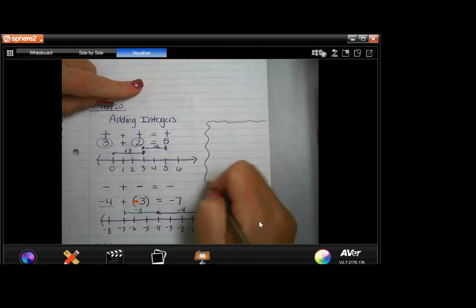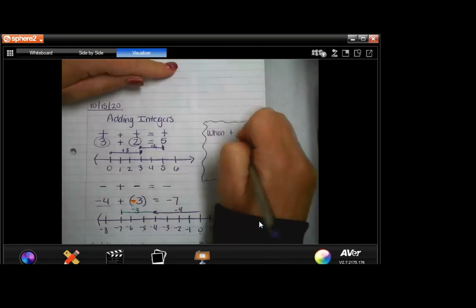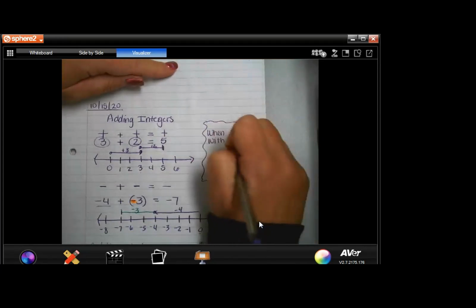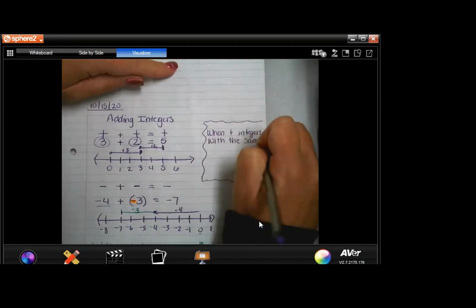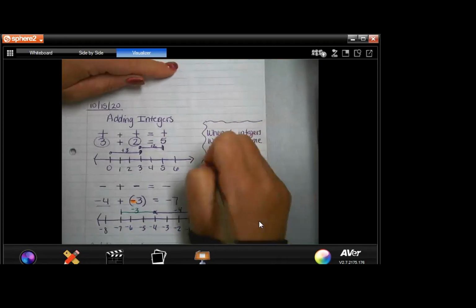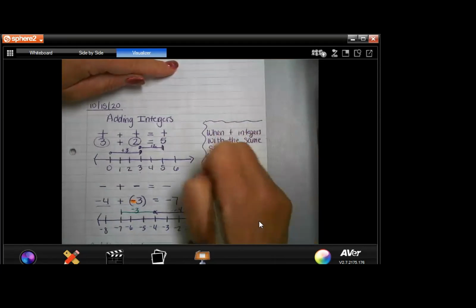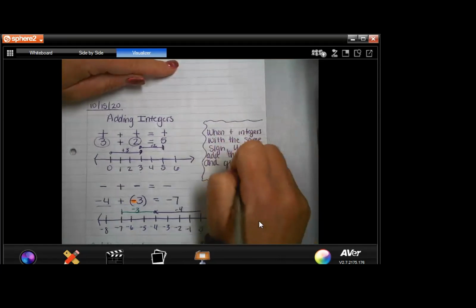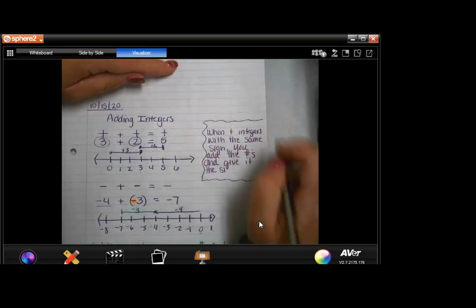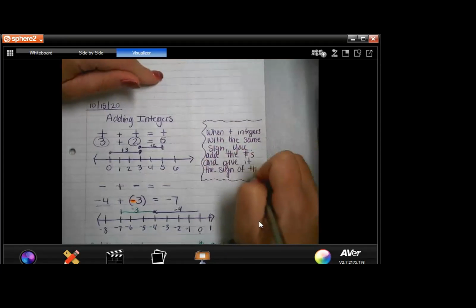So here's kind of your rule. When adding integers with the same sign, you add the numbers and give the sum the sign of the numbers.